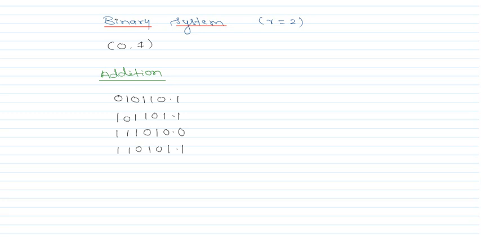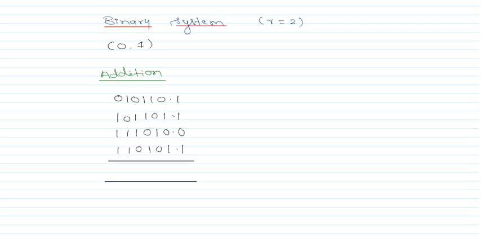So let us see, I have four binary numbers here. Let us see how we can add these numbers. To get the sum here, the procedure that we follow is very simple.